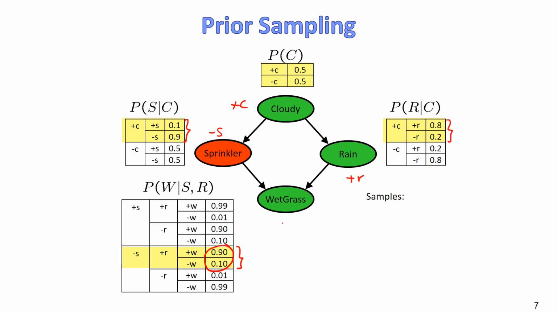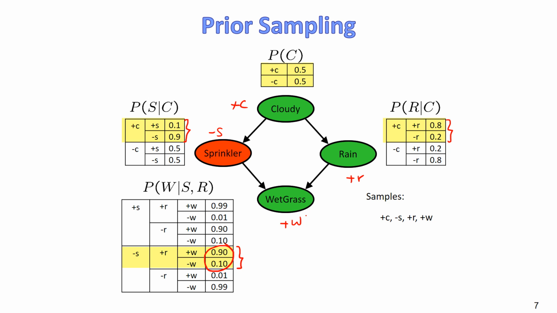Okay, so now we got a sample plus W. So now this is one full sample. So the full sample now is plus C minus S plus R plus W. Why did we say that this is a full sample? Because that's a full event from the entire network.